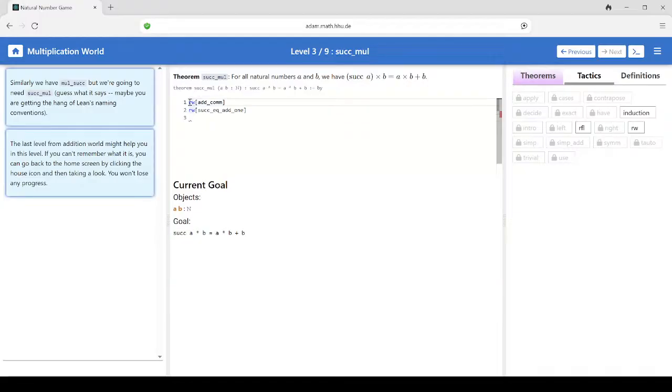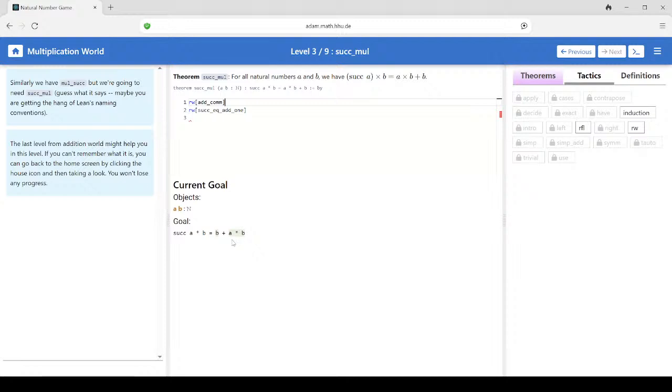So let's see. We started with the original question: the successor of A times B equals A times B plus B. Then I used the commutative property to switch the A and the B around there, because we're adding B to B. And now we're adding B plus A. And then we turned the successor of A into A plus 1.